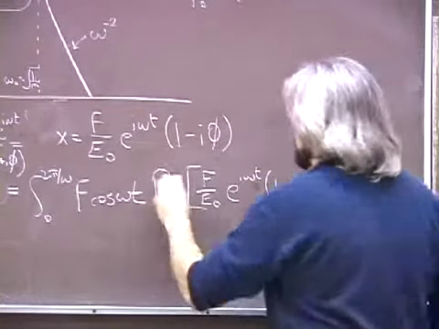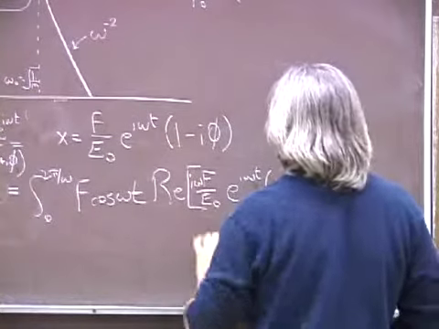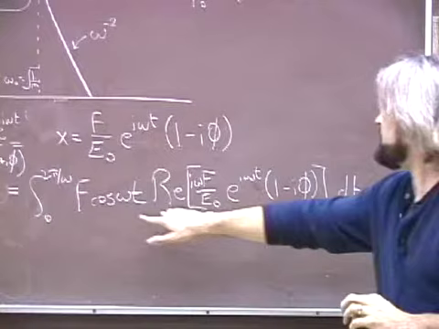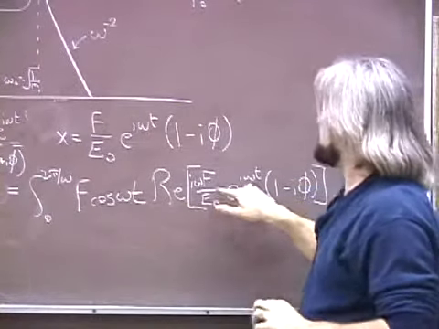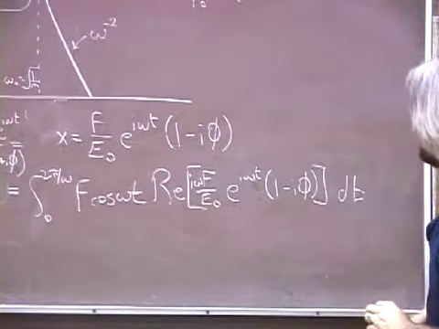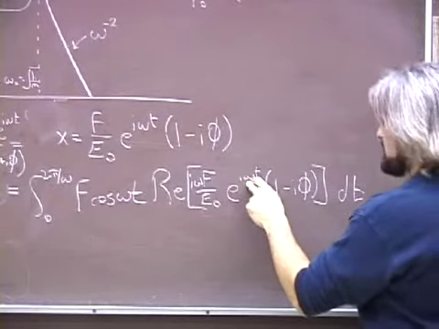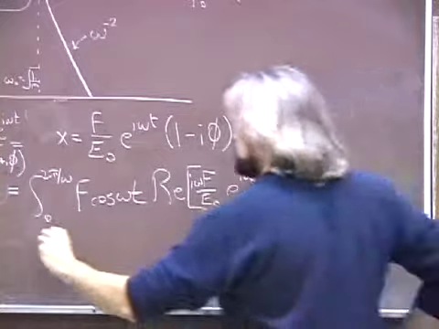I'm sorry, because this is a velocity, we have to take this. There's my omega there. This is equal parts sine and cosine. This is cosine. The integral of cosine times a sine over one period is 0. So we want to take only the sine component of this exponential in the integral.